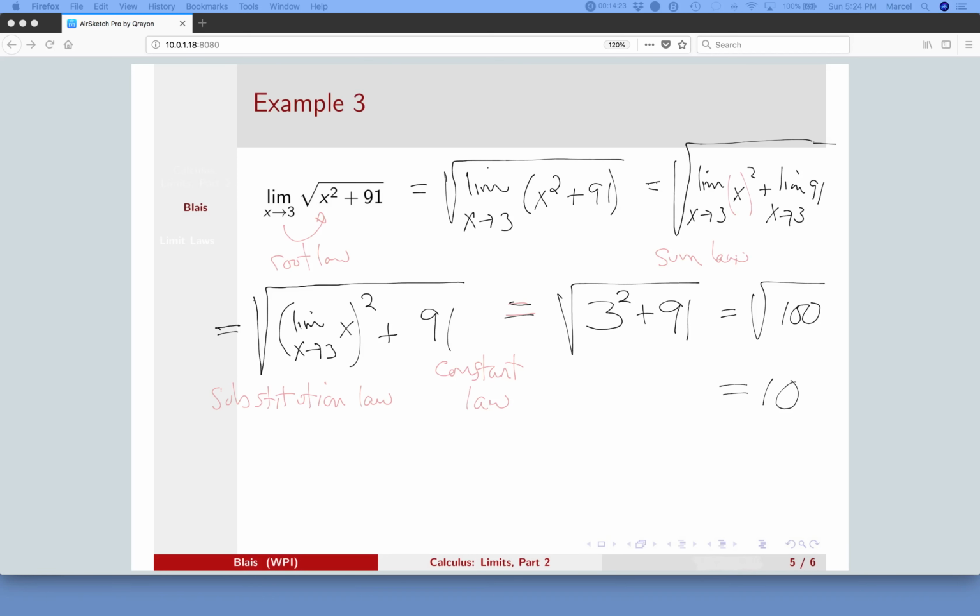But it's important to recognize that when you're doing these limit questions, you are explicitly using these limit laws, which are using the definition of limit. So in a homework or an exam setting, you don't have to write all this. It's fine to just say by direct evaluation, but it's critical to understand that you are, in fact, using these limit laws when you do that.